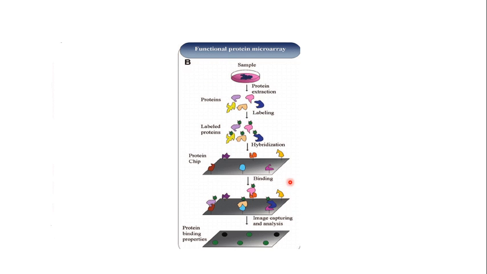So on this spot and on this spot there will be no fluorescence, but on this particular spot, as you are getting the fluorescence, that means the interaction is taking place there. So you can see these black spots which indicate no fluorescence, and you are getting the fluorescence on these particular spots.